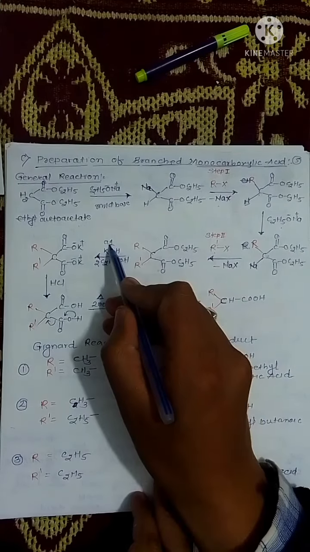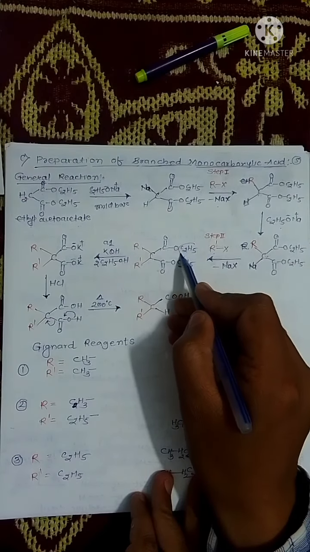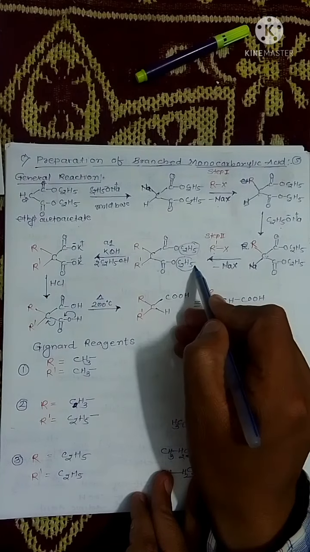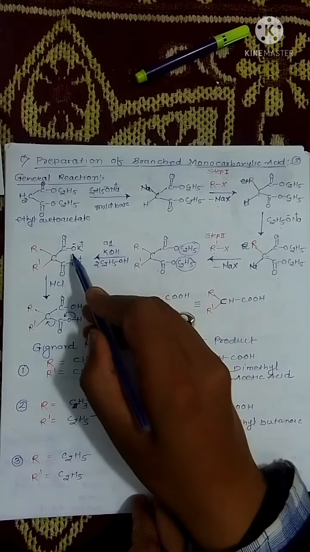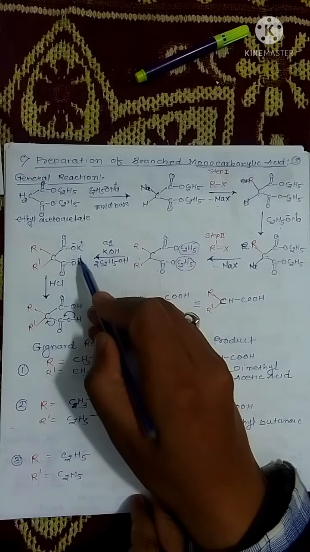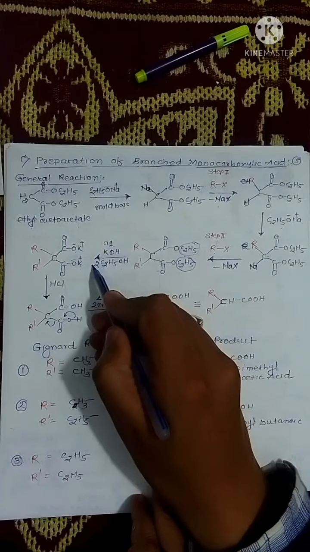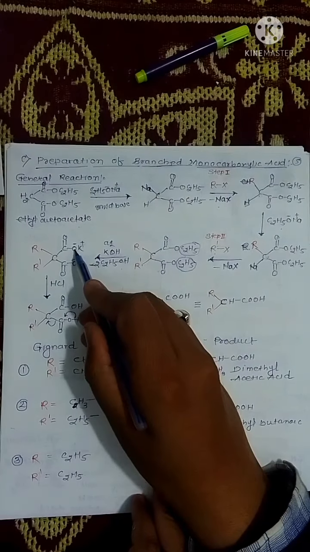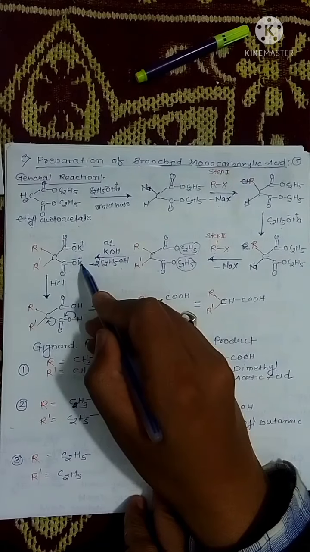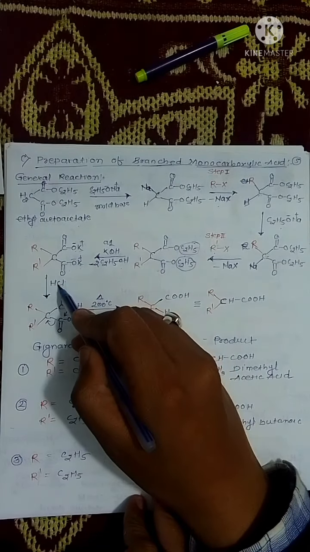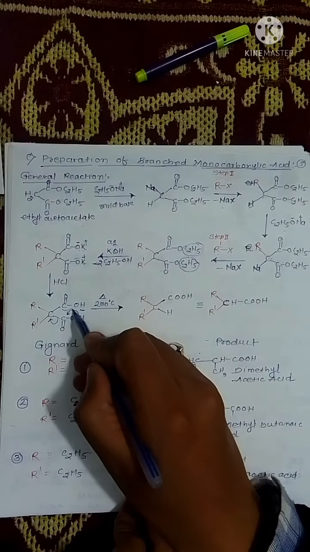If we add aqueous KOH to this compound, the ethyl group is replaced with a potassium atom. We get a potassium salt and 2 molecules of ethyl alcohol go out. When this salt is treated with HCl, potassium goes out and hydrogen comes in, so we get two carboxylic groups.